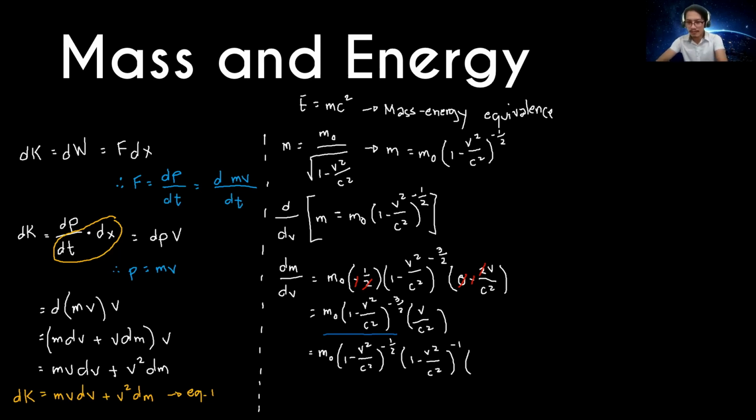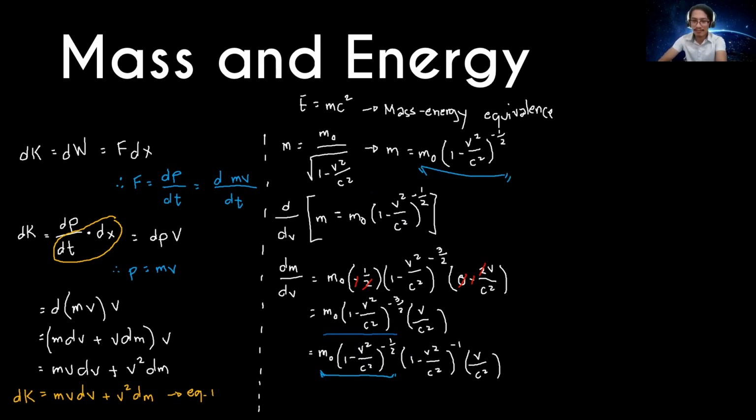Okay? Now, dito, multiply natin. This will become v, retain. v squared over c squared. Now, remember this term. This term is very important. What does this term mean? The M0 times this term, that is just this equation. Pareho lang sila, tama?